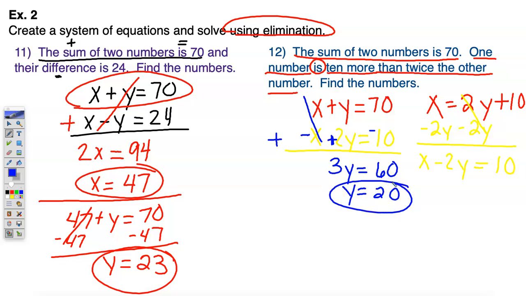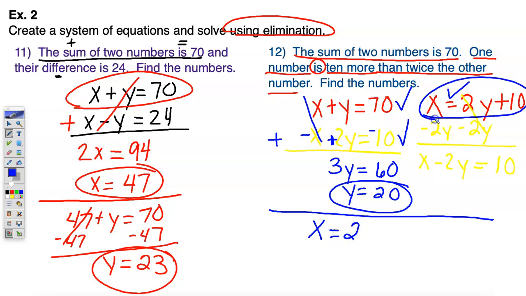So I'm going to take that y, and I could either put it in here, or here, or I could even put it in that equation. I'm going to go ahead and put it in that first equation because I see that that's going to solve for x right off the bat. So I'm using this one right here. I'm going to take 2 times whatever y is. I found out y was 20.